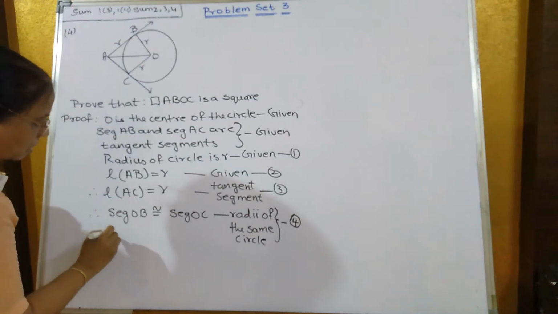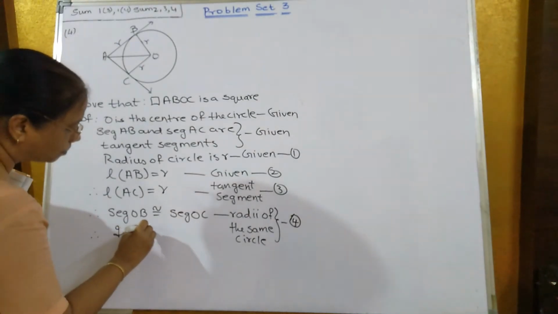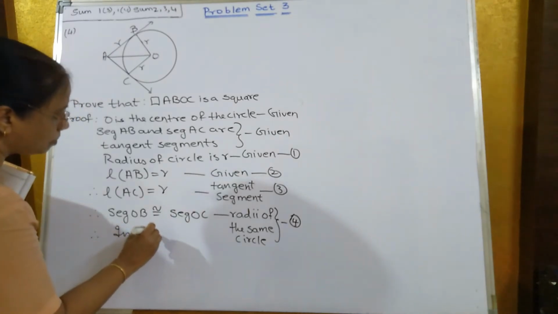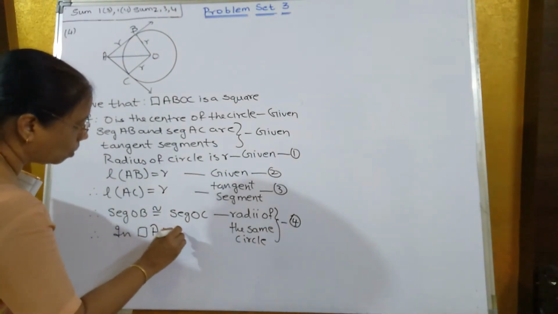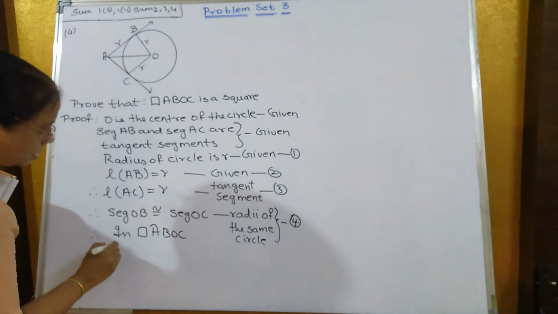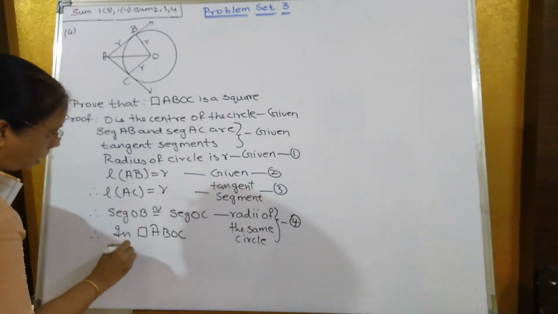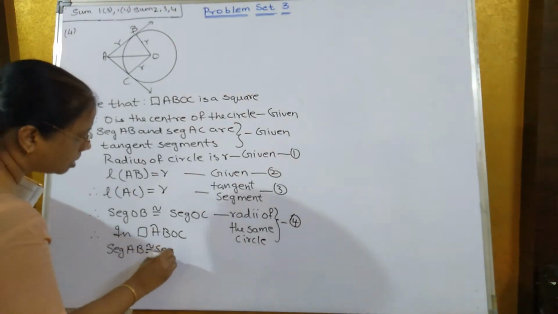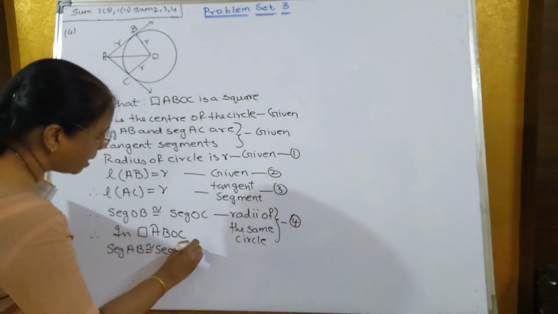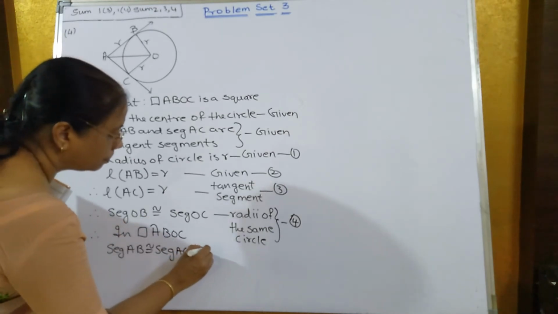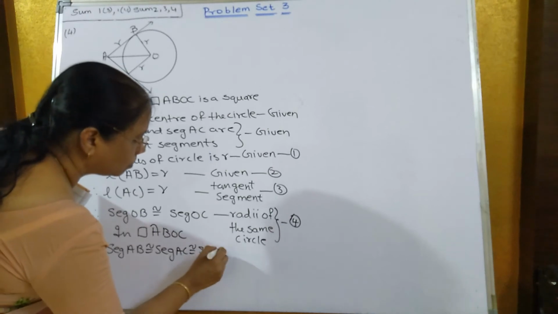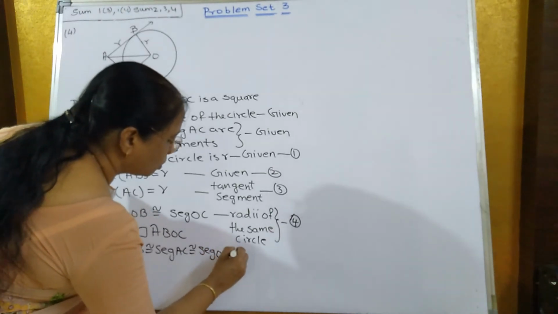Therefore, in quadrilateral ABOC, seg AB is congruent to seg AC, and seg OB is congruent to seg OC.